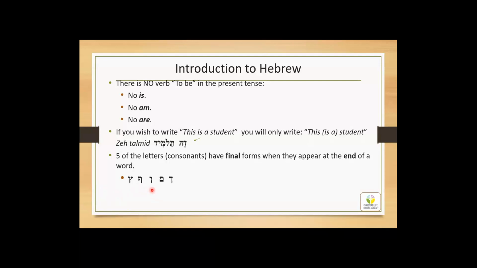The nun at the end of a word is that form. The m at the end of a word is that form. And that one there is the G. Okay?